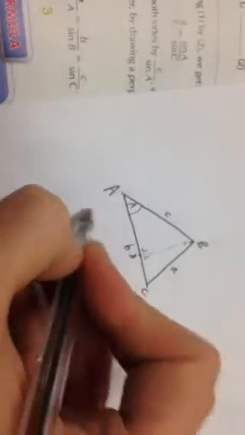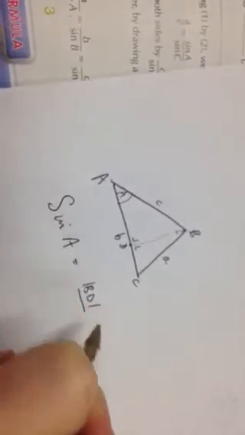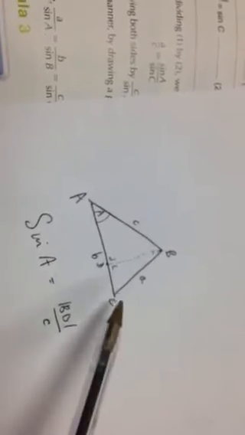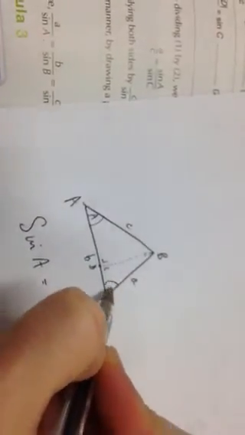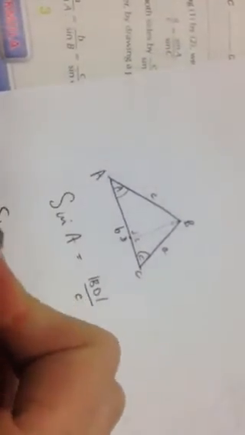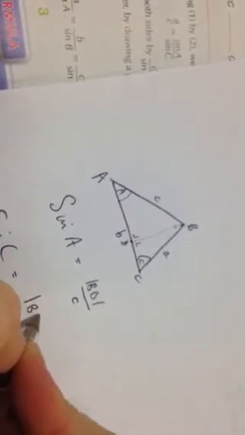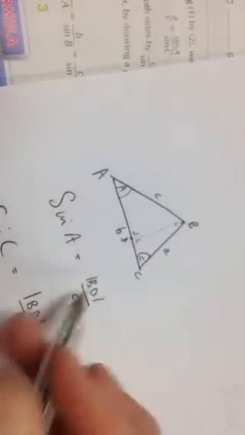So sine of A is equal to, let's just call it the side BD, all over, in this case, your hypotenuse, we call it C. And then what else do we know? We know if we look at this right angle triangle here, that the sine of C in this situation is equal to BD all over A.